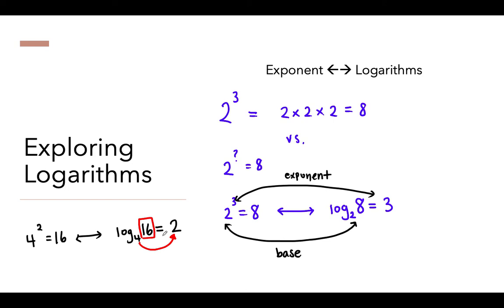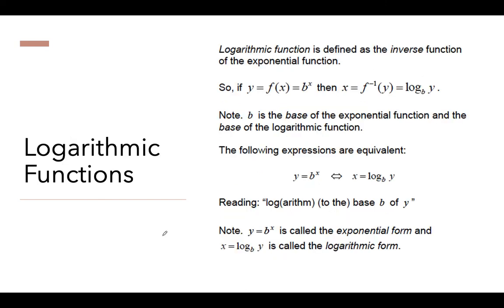So that is the relationship between exponent and logarithm. A logarithmic function is defined as the inverse of the exponential function. Inverse meaning that they're going to be symmetrical through y is equal to x.